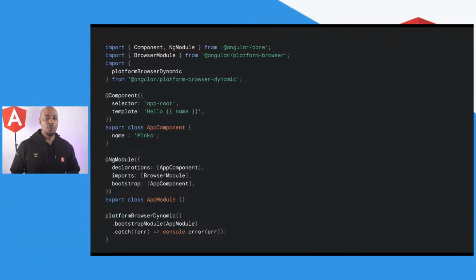Okay, friends. So here's what we could expect when we get to our standalone components, right? So this is a standard application. On my screen, I have an application that has our component in it, and it has an NgModule with declarations, imports, and our bootstrap, and we're actually using the bootstrapModule function from platform-browser-dynamic, right? Now, here's what's wild about this.